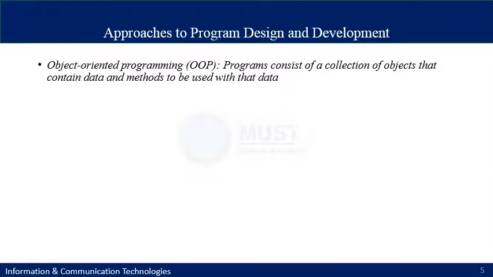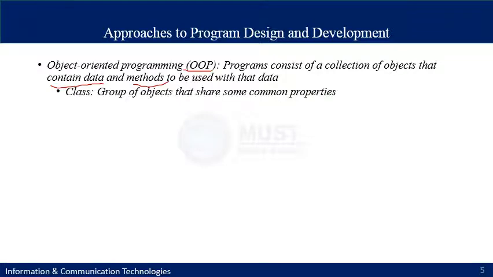Another common approach is object-oriented programming, often pronounced as OOP. In OOP, a program consists of a collection of objects that contain data and methods to be used with that data. A typical element in object-oriented programming is a class, which is a group of objects that share some common properties.